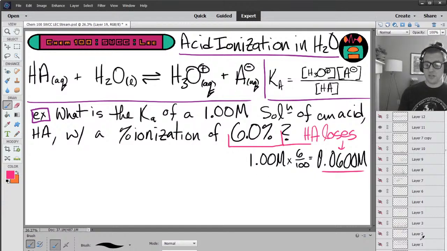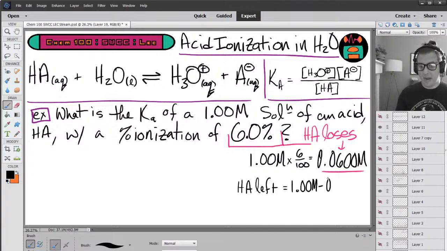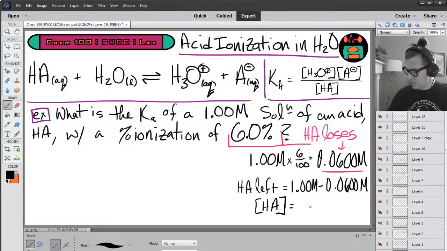So the HA left is our initial concentration minus what it's lost. So our concentration of HA is 0.94.